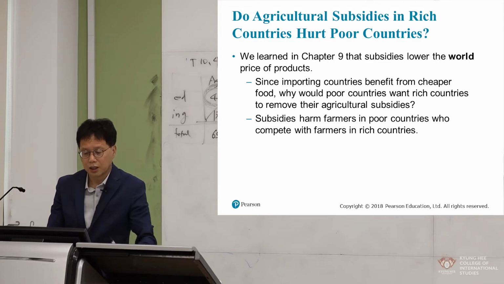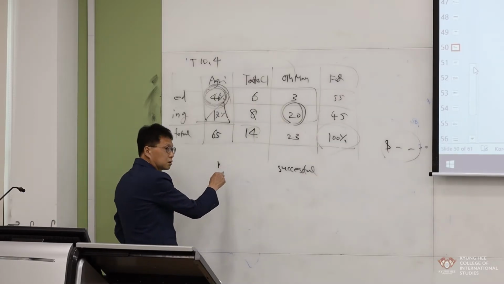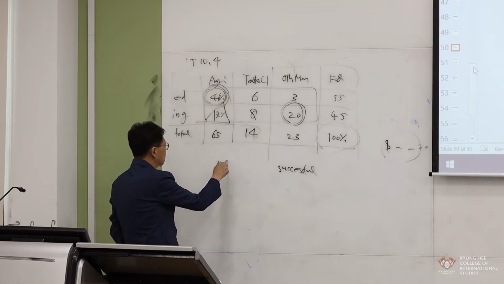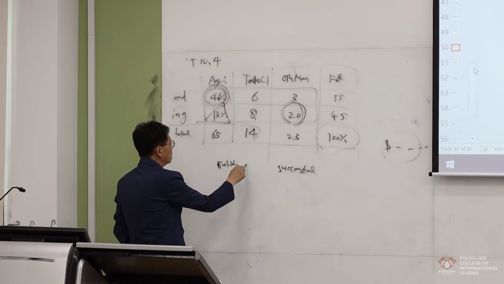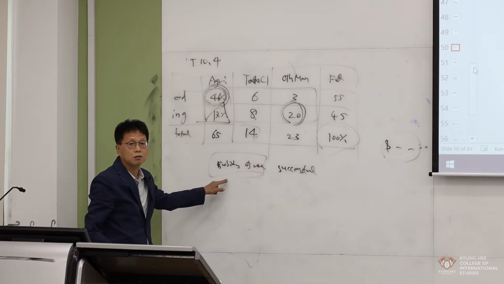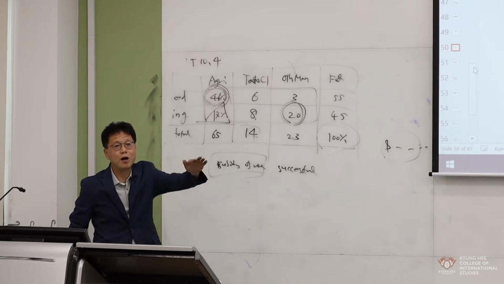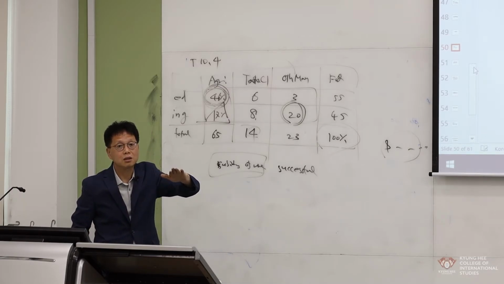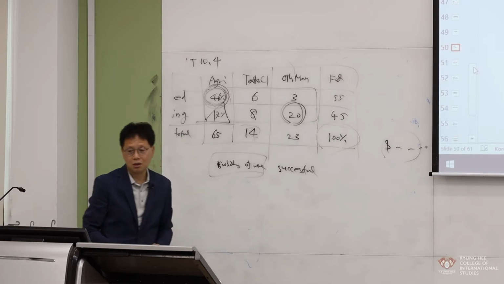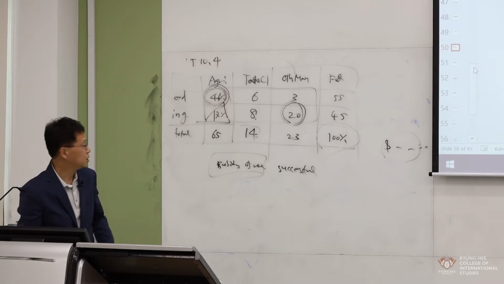So we know that in Korea, some subsidies for rice farmers are very popular, right? We use lots of money to support the rice price, right? Lots of money is provided to agricultural rice farmers, Korean rice farmers, right?